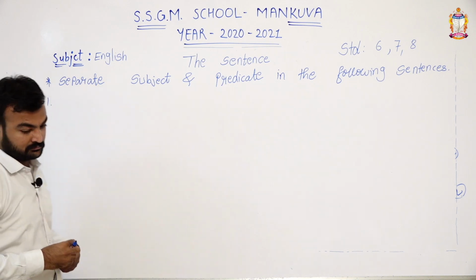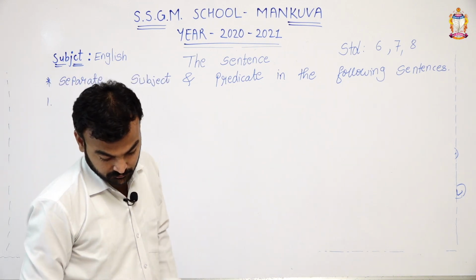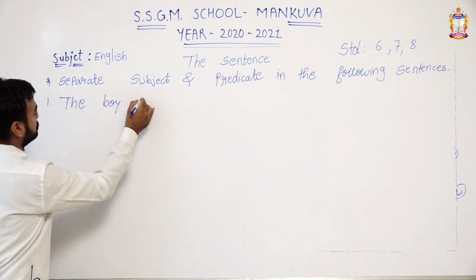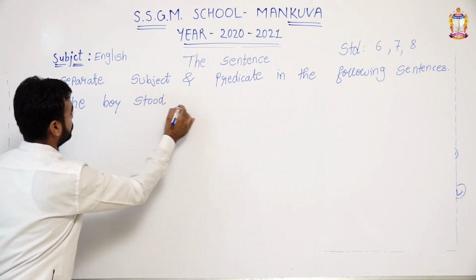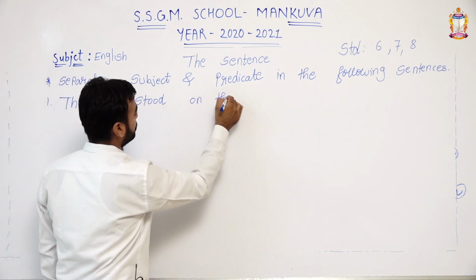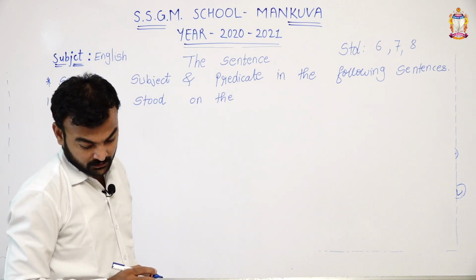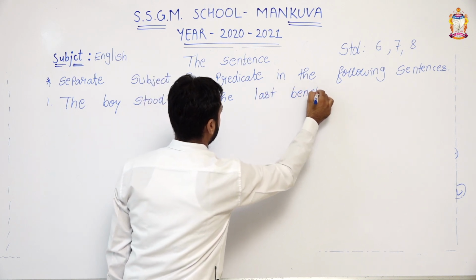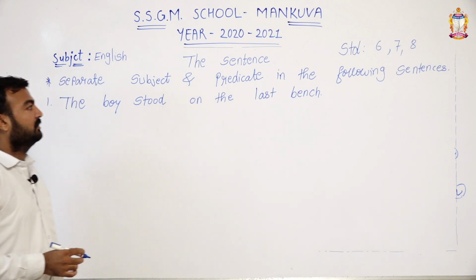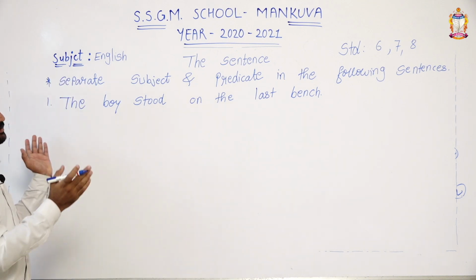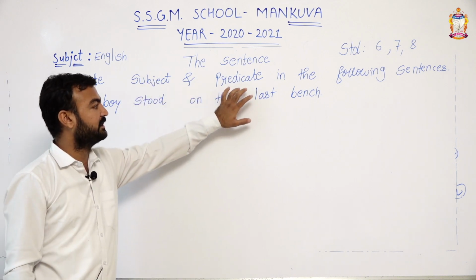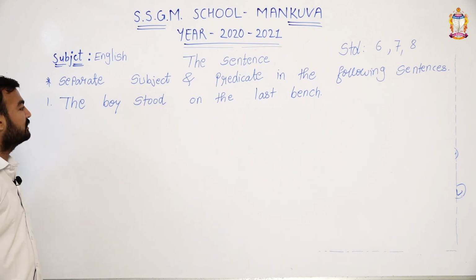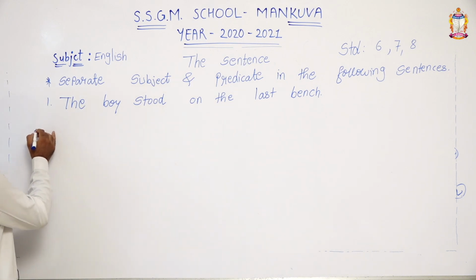Number 1, the boy stood on the last bench. What we have to do is separate both things, subject as well as predicate, in the given sentences. I am writing certain sentences, and based on that we will solve them. So now I am solving the first sentence.